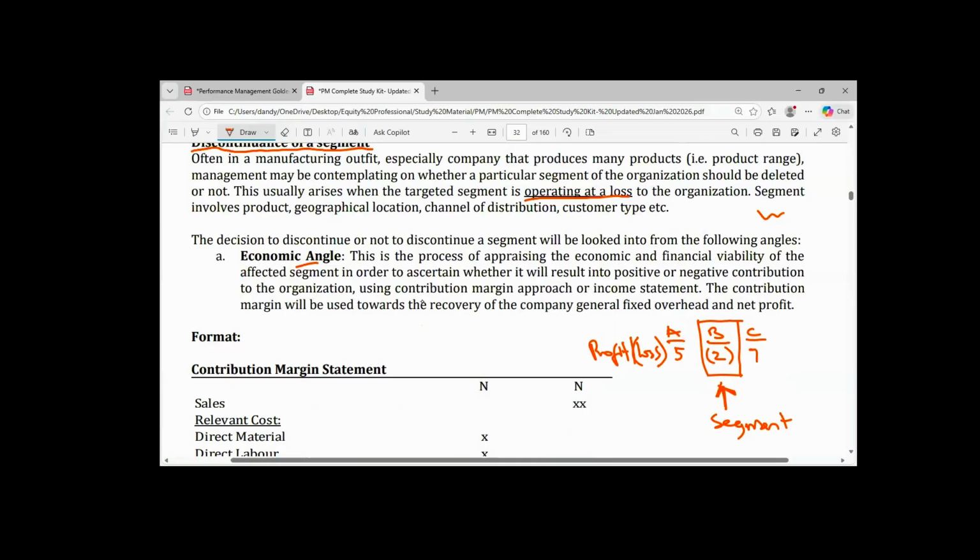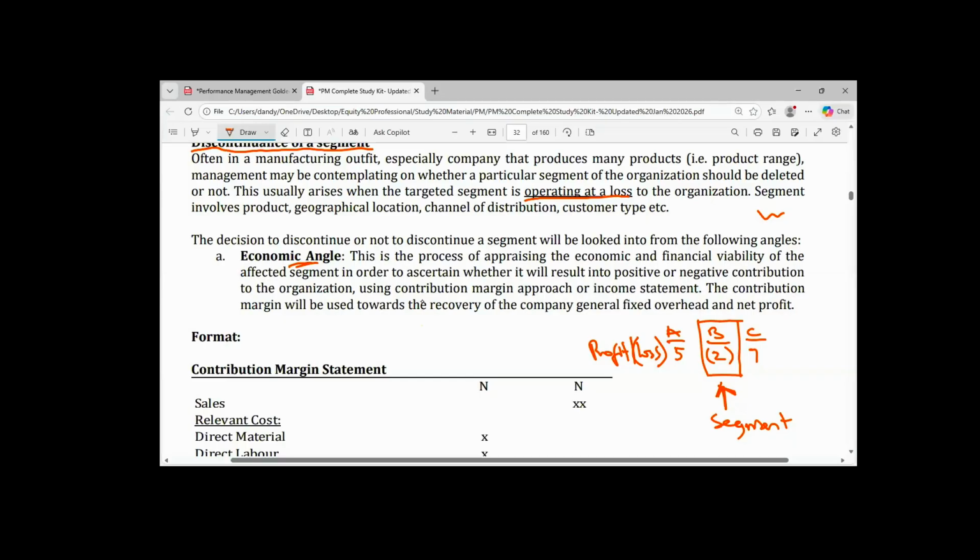So when you talk about economic perspectives, it represents the process of comparing the benefits or the economic and financial viability of the affected segments to ascertain whether it will result in a positive or negative contribution to the organization.